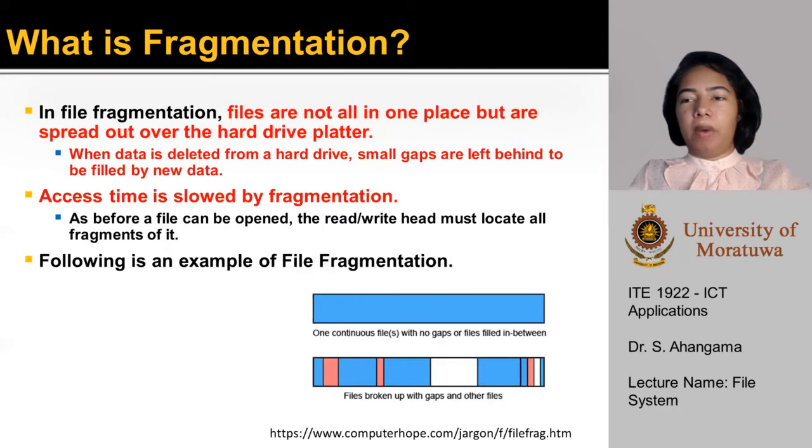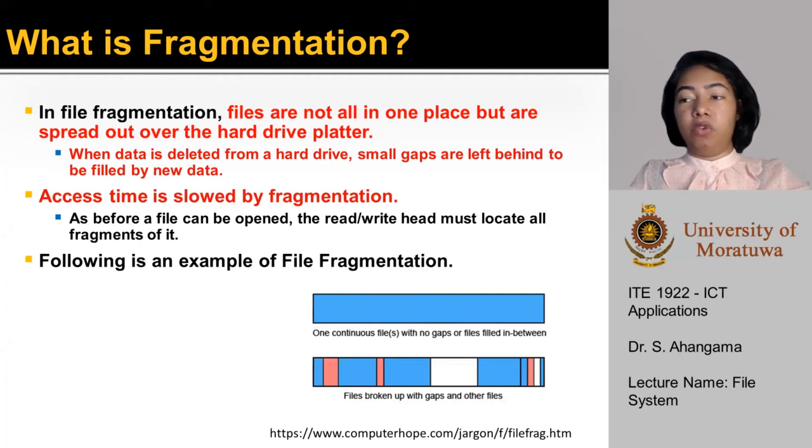Now let's talk about disk fragmentation. A collection of files that are scattered across a hard drive platter rather than being in one continuous location is referred to as file fragmentation or disk fragmentation. When information is deleted from a hard drive and small gaps are left behind to be filled by new data, fragmentation occurs.